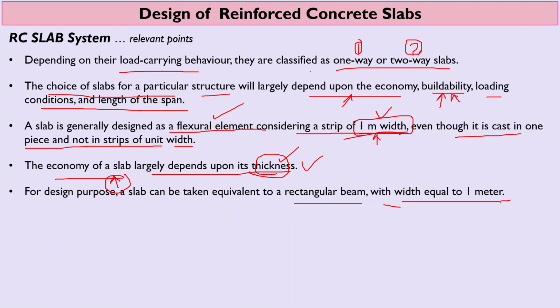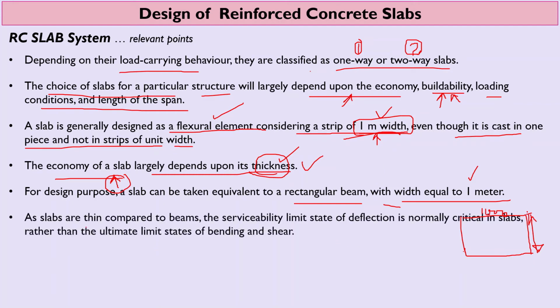Generally, in case of a beam, we take 300 or 350 millimeters, but here we are taking the width of that particular strip as 1 meter. So it is just like a rectangular beam having width equal to 1000 millimeters, 1 meter, and whatever the depth.